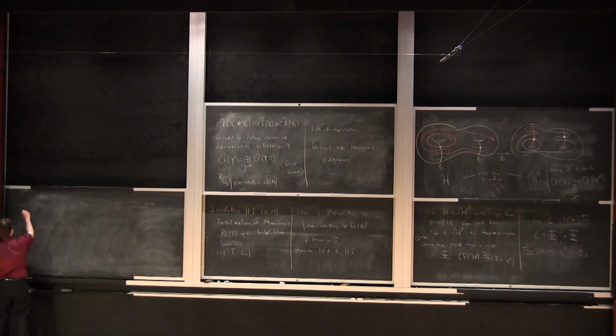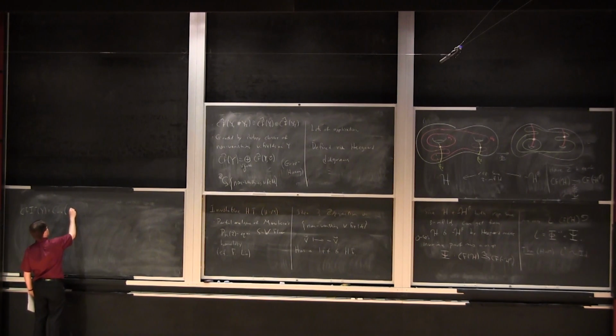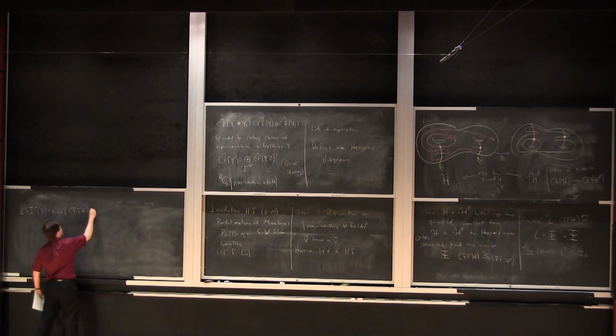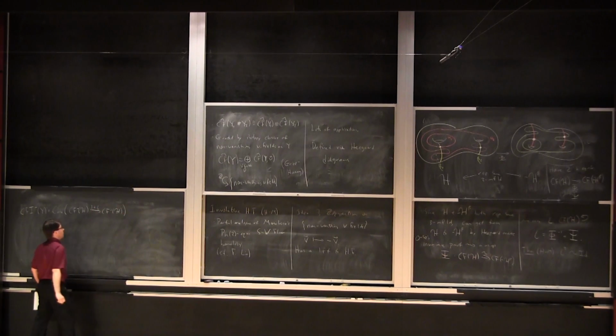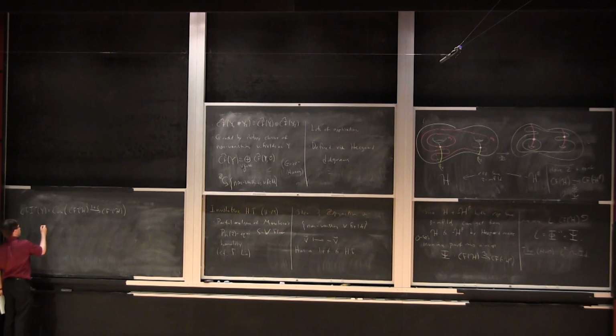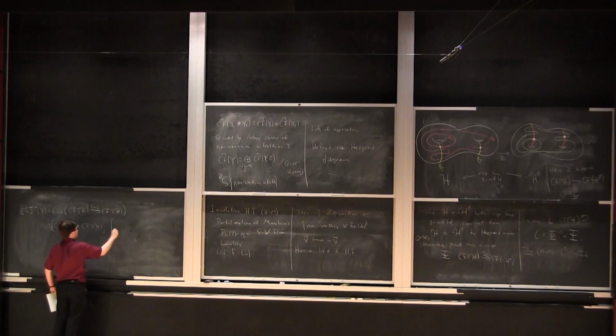And then, let's say CFI minus of Y. You look at the mapping cone of the map 1 plus iota. So you take CF minus of H plus CF minus of H, with the differential being some matrix.